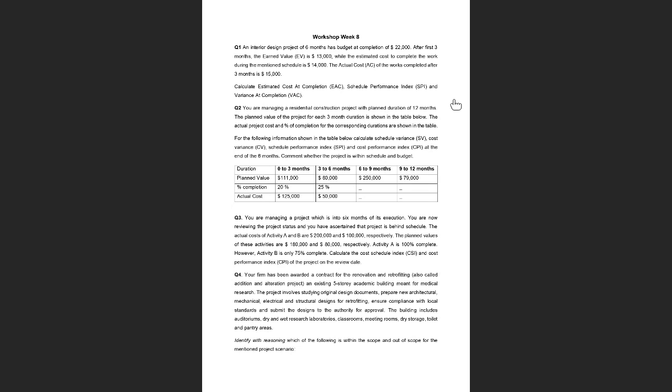Budget at completion, yes Jin, is given to you in the question. It is 22,000. So your earned value is 13,000, your planned value is 14,000, and actual cost is 15,000.